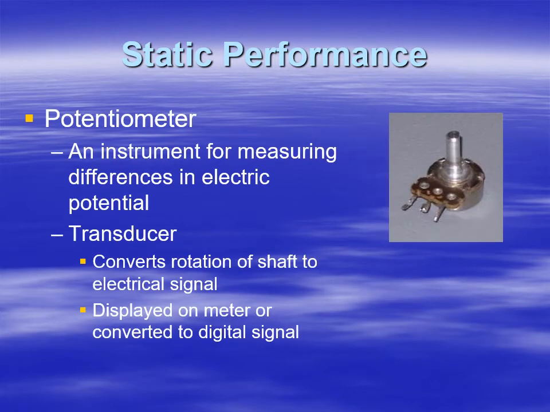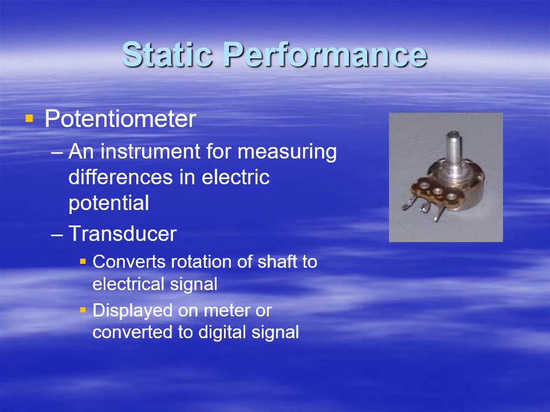What a potentiometer is, it's, of course, a device that measures electrical potential, as the name implies. A current is sent through this device. The device has a shaft that's allowed to rotate, and that shaft is connected to a variable resistor. So as it changes, the resistance changes, so the current and also the potential or the voltage changes.